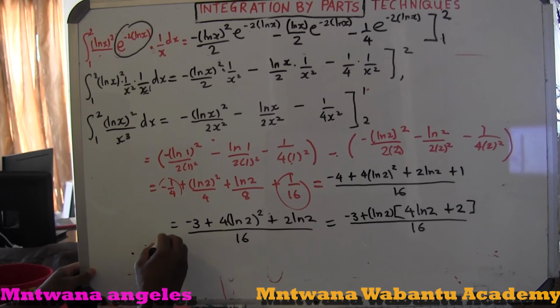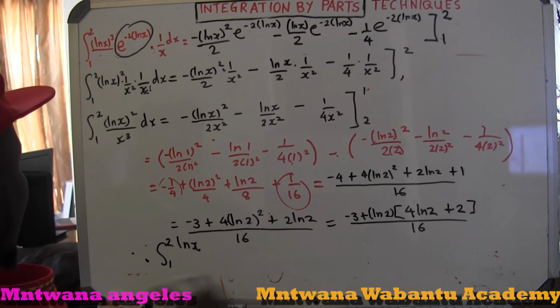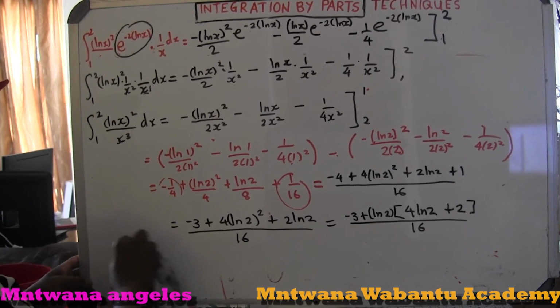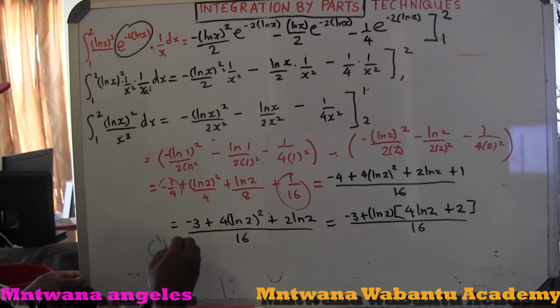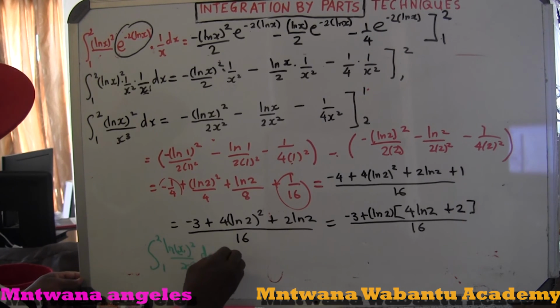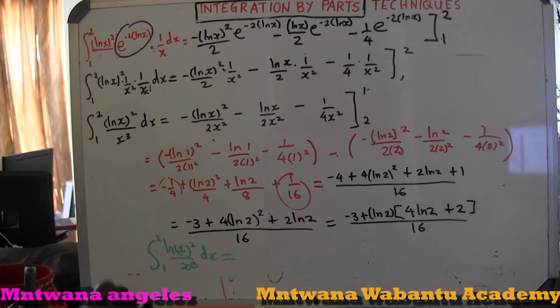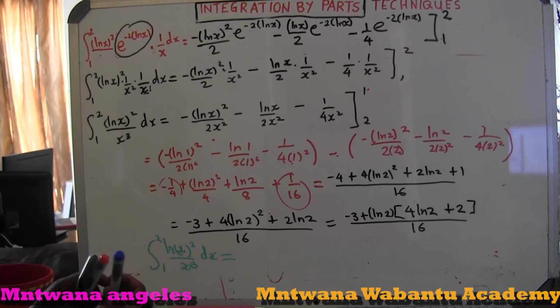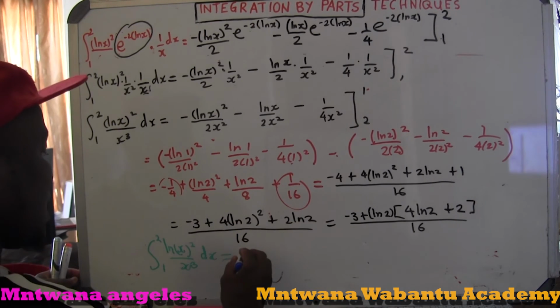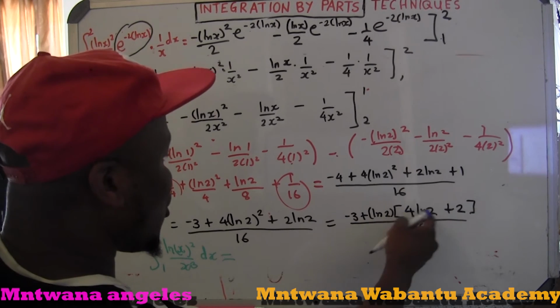So finally, this question: given the integral from 1 to 2 of ln x squared times x cubed dx. Let me finalize using another color. Let's use green here. So the integral from 1 to 2 of ln x squared x cubed dx equals, let's finish with the blue, let me take 2 out here.